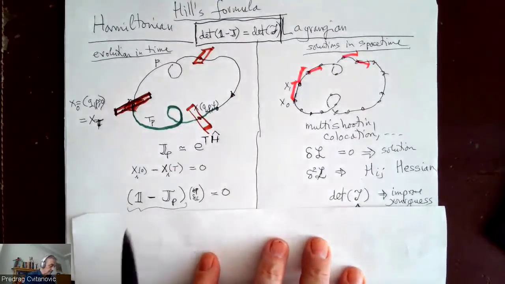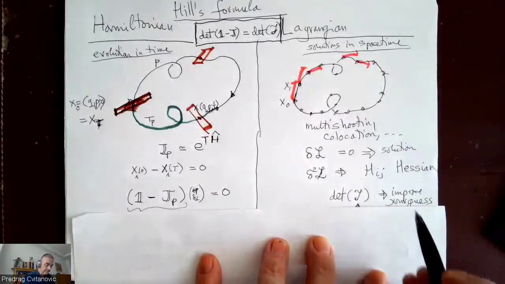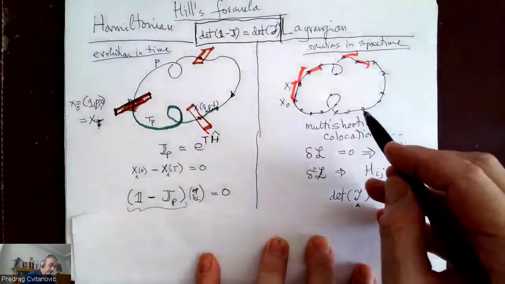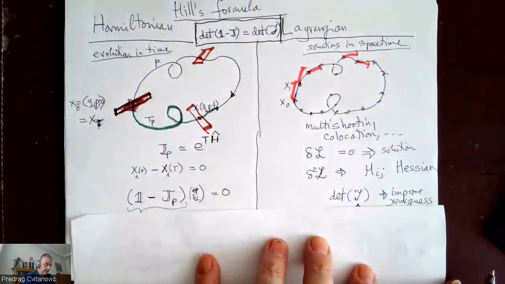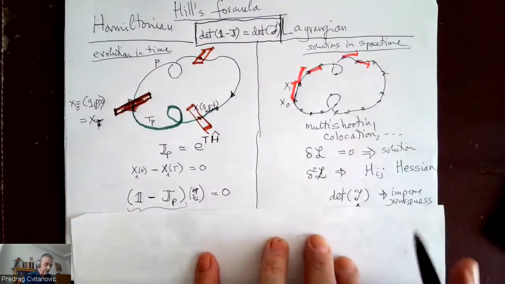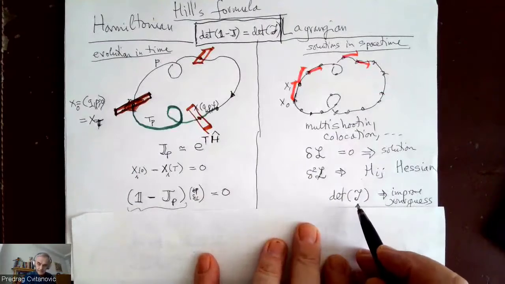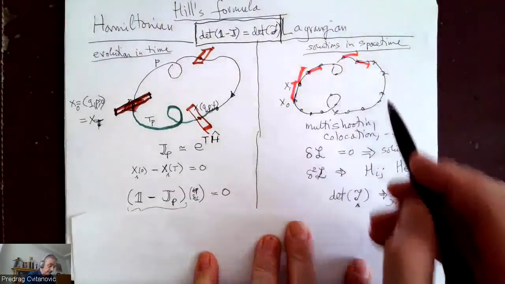It's this Jacobian matrix for forward in time evolution. And it's called Hessian if you allow yourself to vary all the points around. And to be able to invert that matrix and use it to improve your calculation, you have to compute the determinant of this matrix. Now, this matrix is very large.